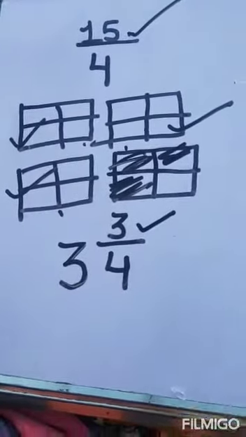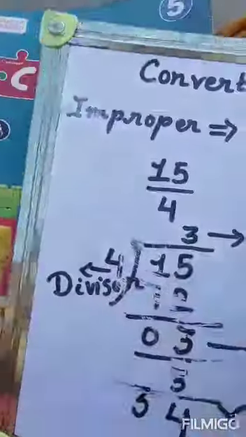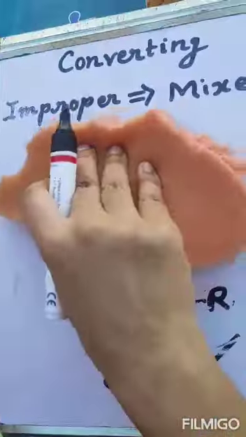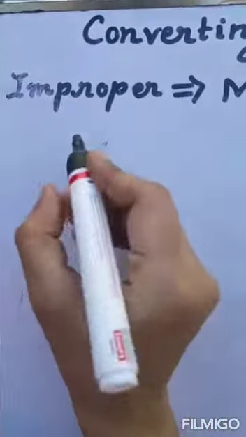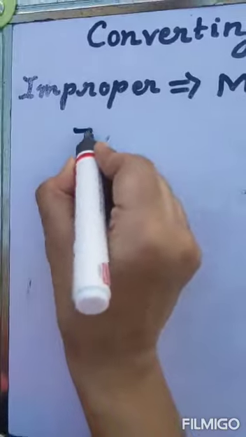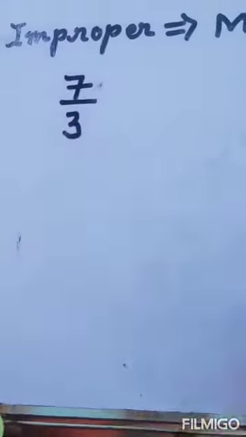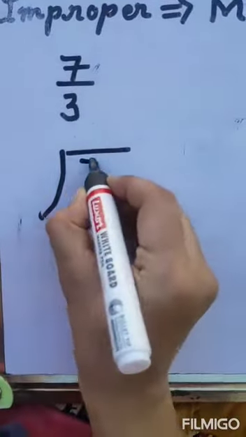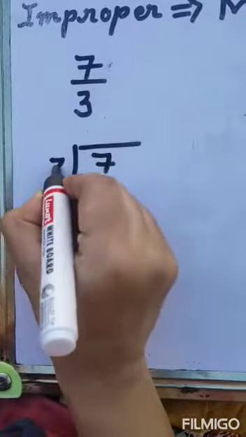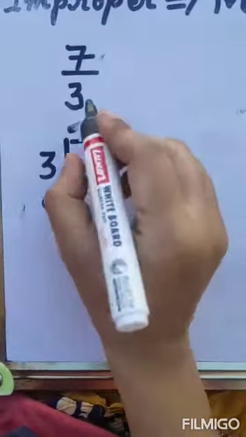Let us consider one more example, like 7 by 3. Again we will be seeing both ways to solve this question. 7 should be divided by 3. 3 ones is 3 and 3 twos is 6.